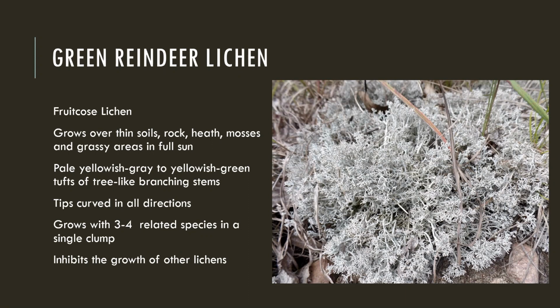There is a white reindeer lichen, and also reindeer lichen, they branch in multiple ways, while some other lichen that grow from the ground don't branch as much. So green reindeer lichen likes to branch in many ways, it'll branch multiple times.